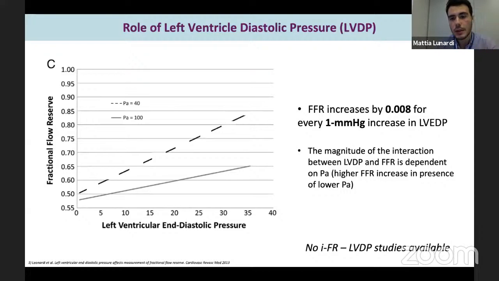But as you can see, the increase is just mild, just 0.008 for every 1 millimeter of mercury increase of left ventricular diastolic pressure. So the clinical relevance of this increase doesn't matter, and we can just know it for our knowledge, but it doesn't impact in any way, in my opinion, the clinical practice.